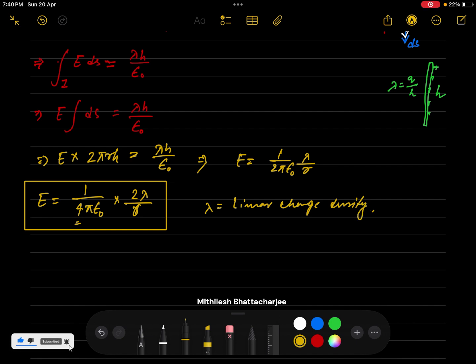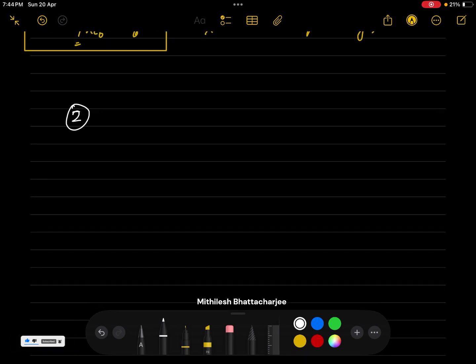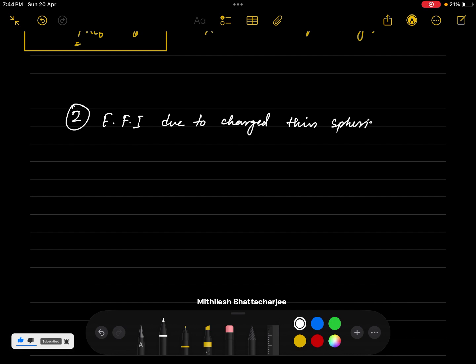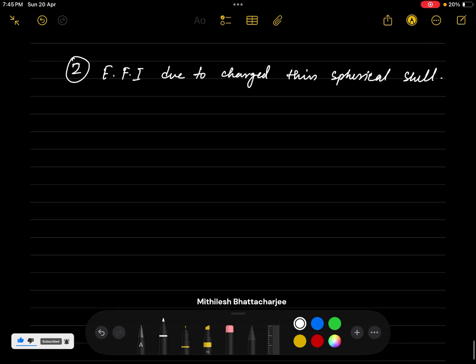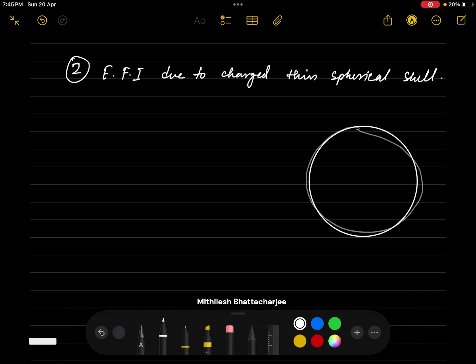Fine? Okay. So now the second part is electric field intensity due to a charged thin spherical shell.